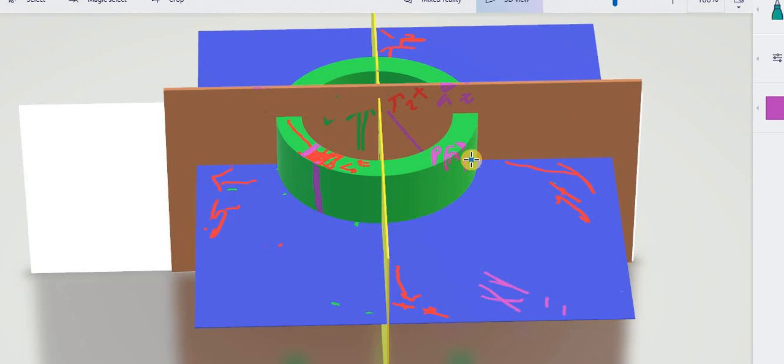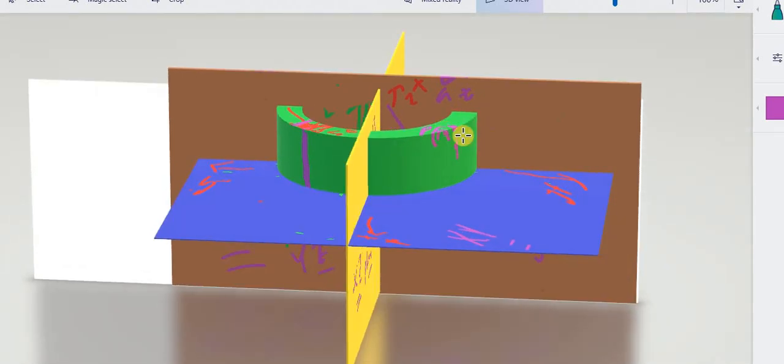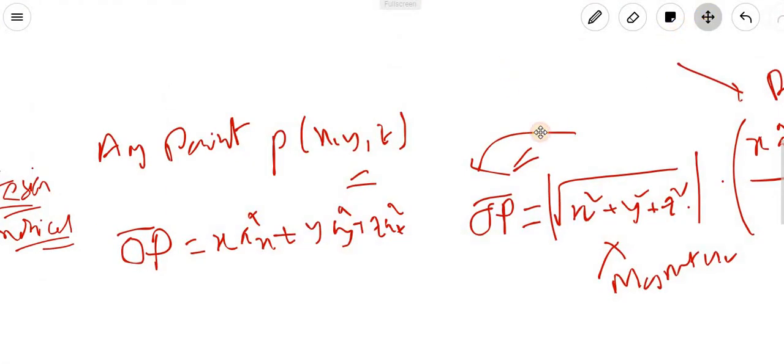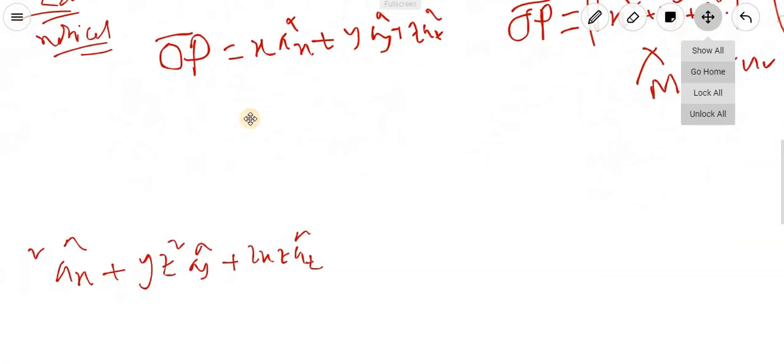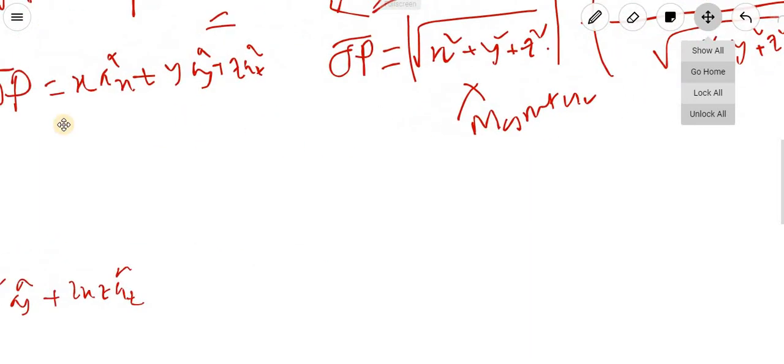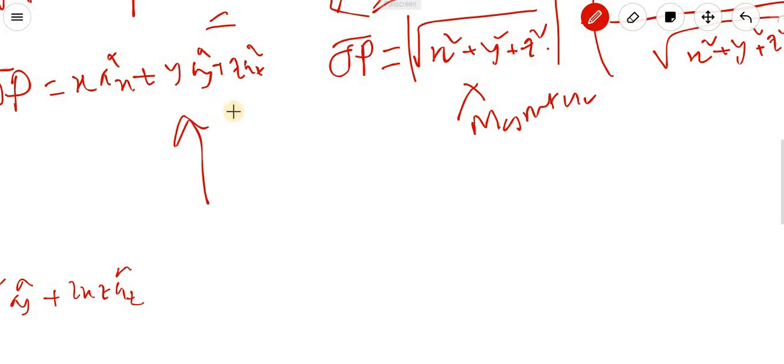This P is (x, y, z) in Cartesian coordinates. Now what will be the vector in circular cylindrical?